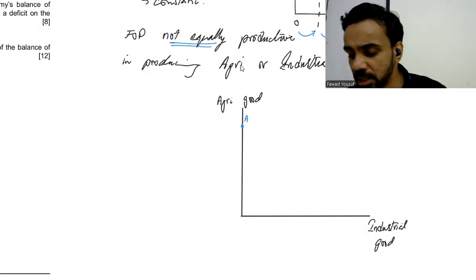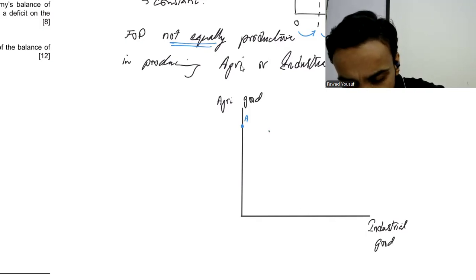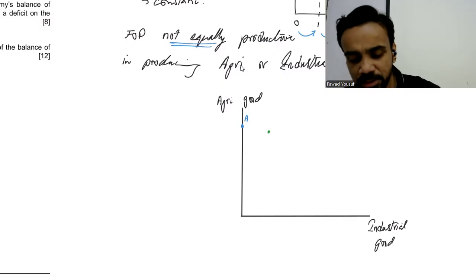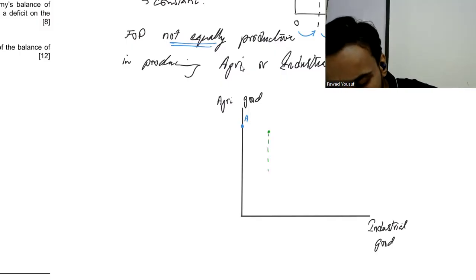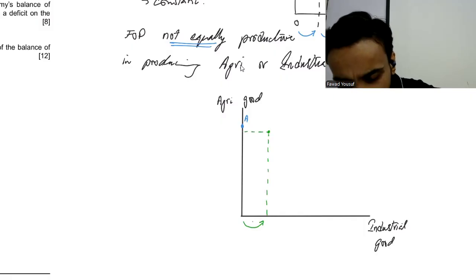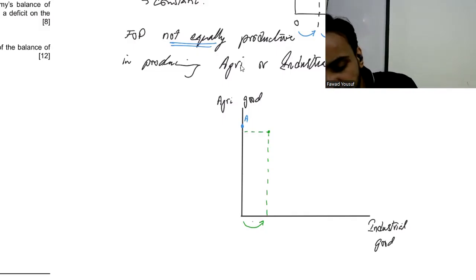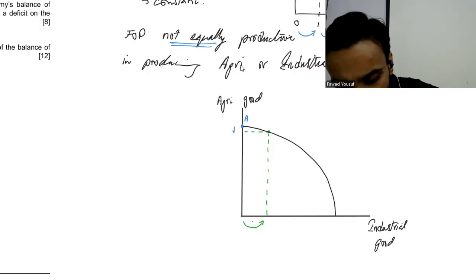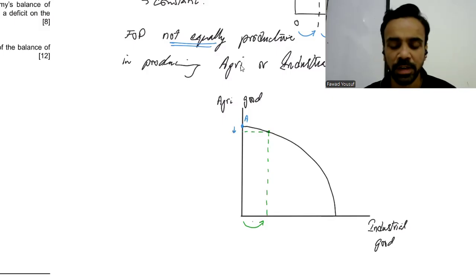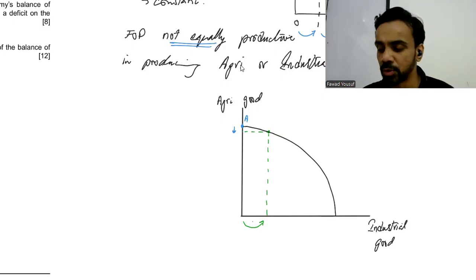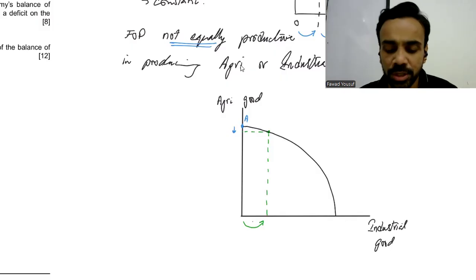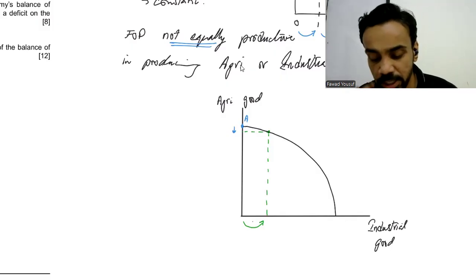I will always send the least productive individual in the agriculture industry. Because of this, what our second point shows is that we are able to produce more of industrial, but hardly giving up any agriculture goods, right? We don't want to give up a lot of agriculture good because we deploy the least suited resource in agriculture.